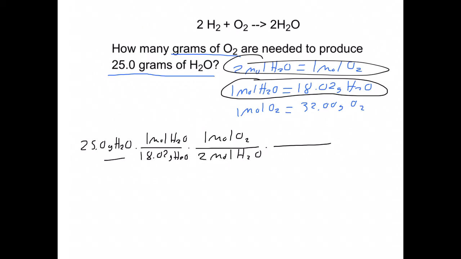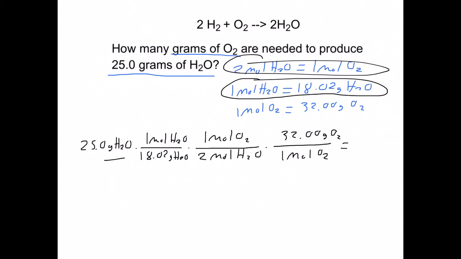So this fraction is 1 mole of O2 is equal to 32.00 grams of O2. We already have moles of O2 on top, so we'll have to put moles of O2 on the bottom to cancel out, and the molar mass on top in order to get us to grams of O2.